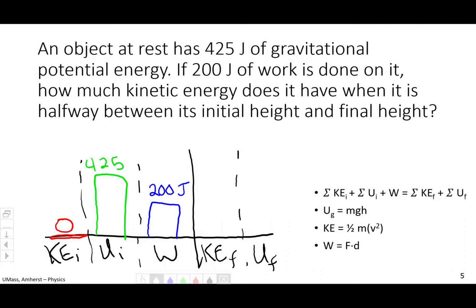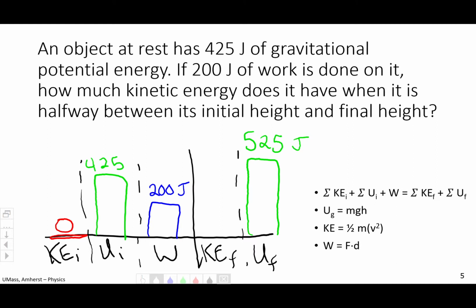However, halfway between its initial and final height means that we've only added in half the work at that point. That means that we only added in 100 joules of extra gravitational potential energy. So that means that this column is only going to have 525 joules.